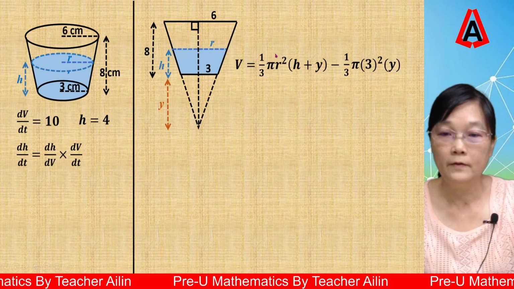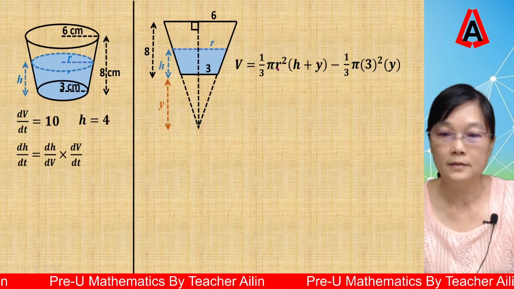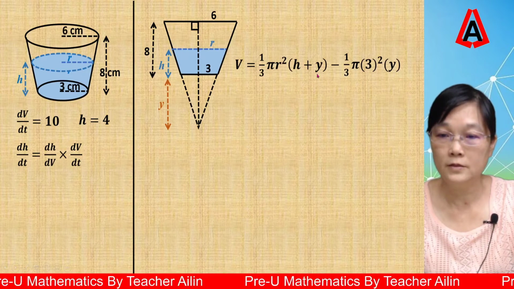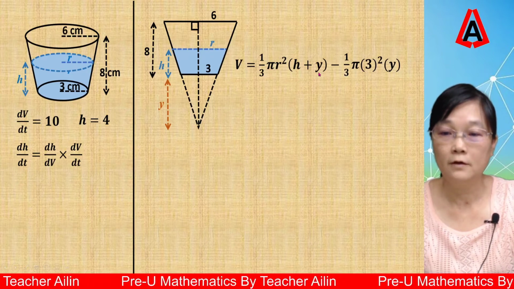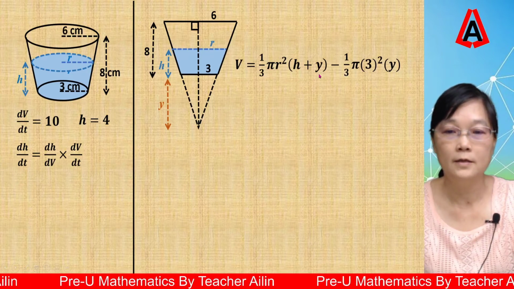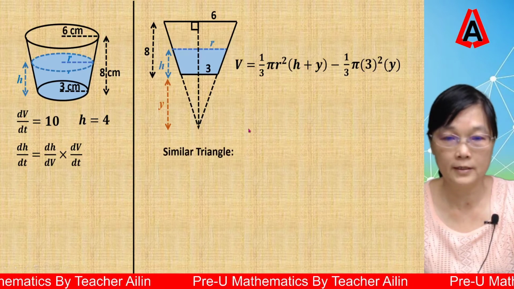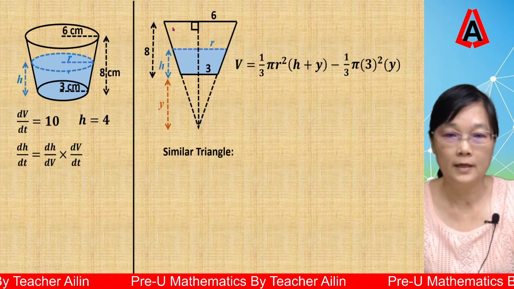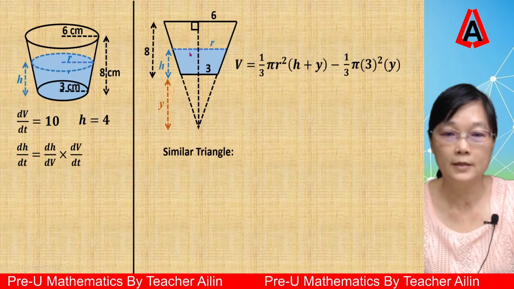Before we can proceed to find r in terms of h, we need to find the constant value y. To find it, same thing, I'm going to use the concept of similar triangles. From the diagram here, there are 3 similar triangles.